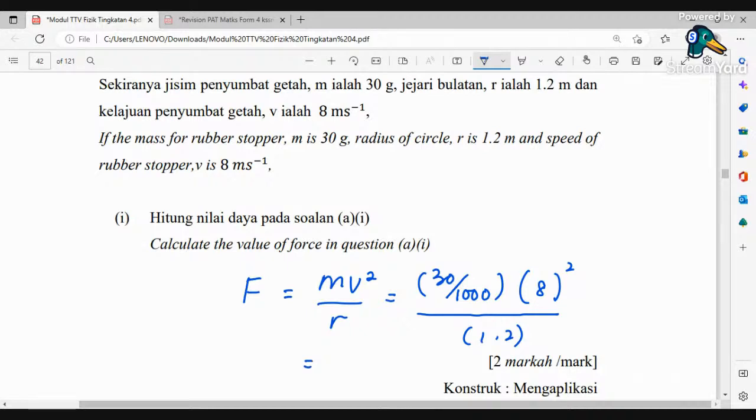Calculate for this one. You will get 1.6. Mass must be converted to kilogram because the SI unit of force is Newton. Substitution correct, final answer plus unit.